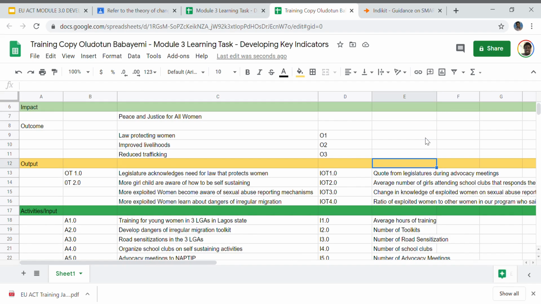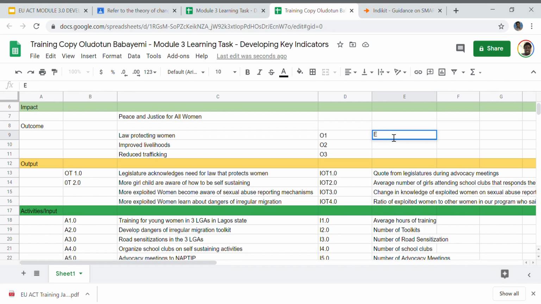Then if you now move, you can see that here we've used a non-numerical, and this is also non-numerical. This is also non-numerical. This is numerical. This is numerical indicator. Then you now come to the output stage. There's a law protecting women, maybe.